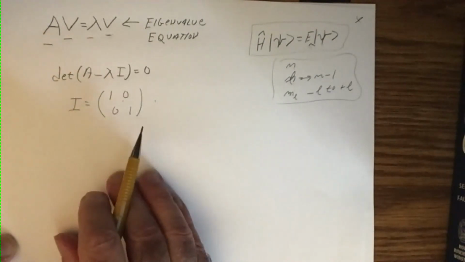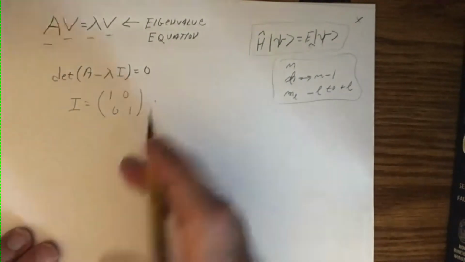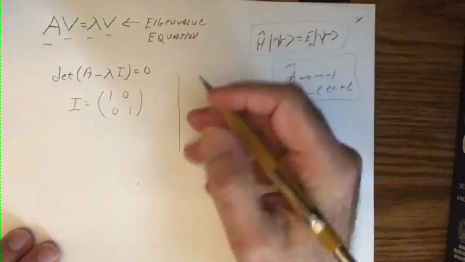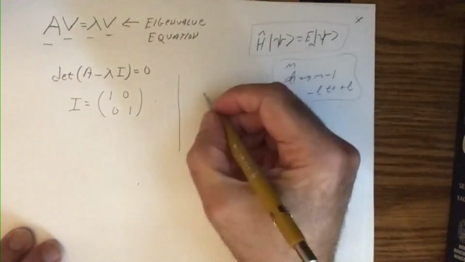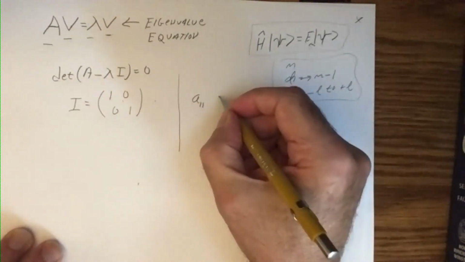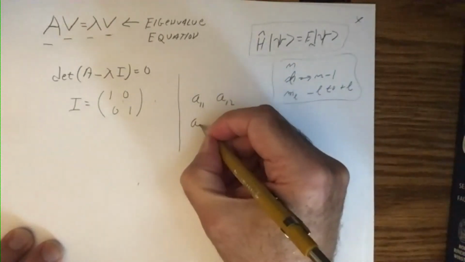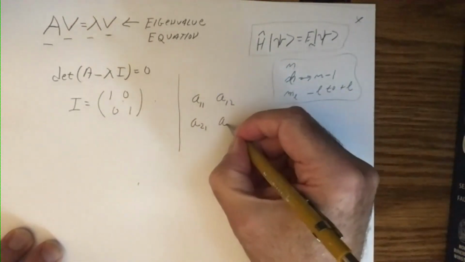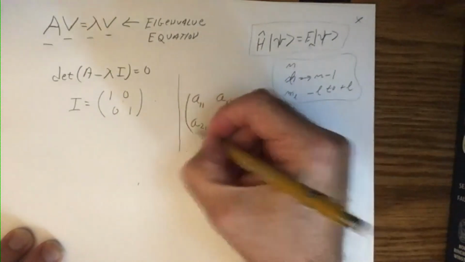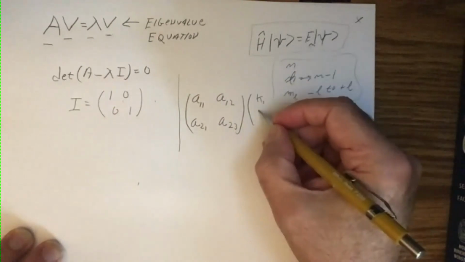Now, do you know how to multiply matrices? Let me do it on the side here. Let's say we want to multiply these two matrices.